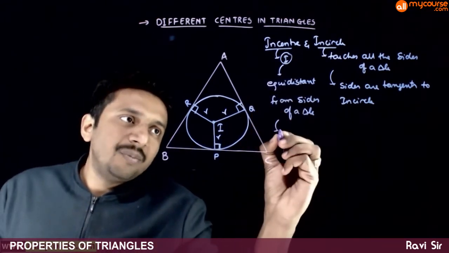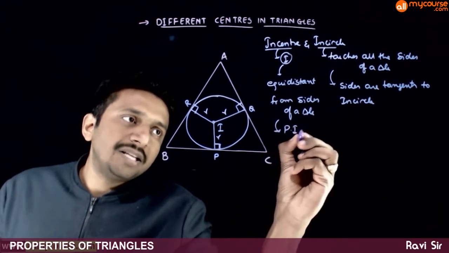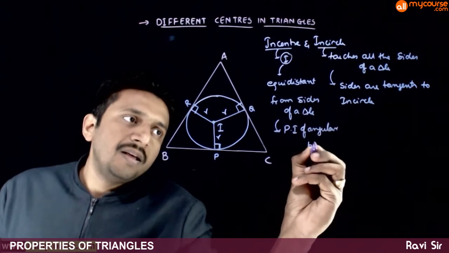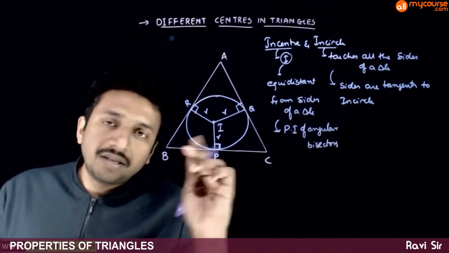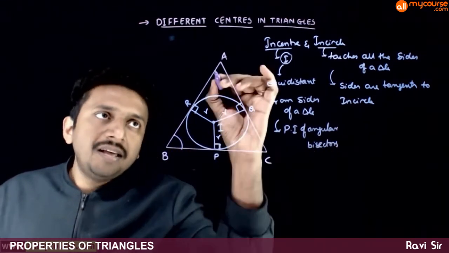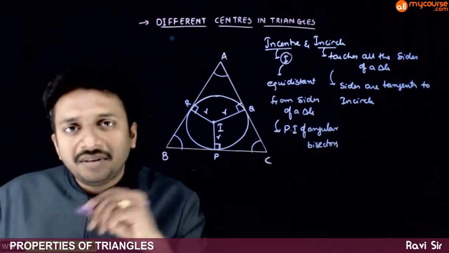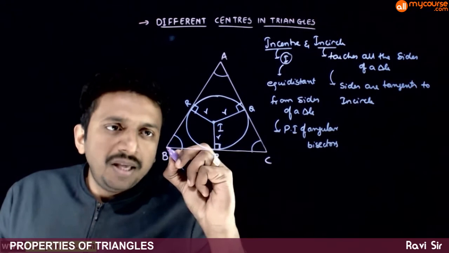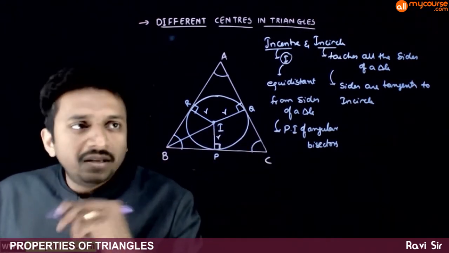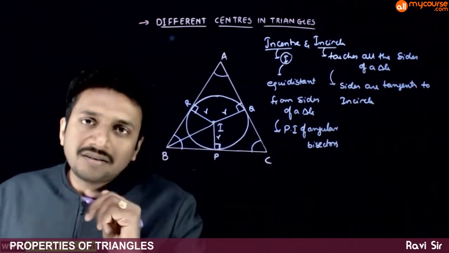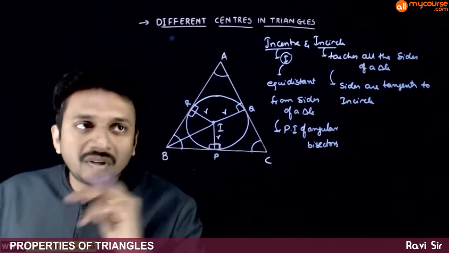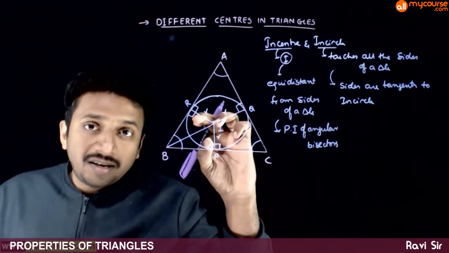The incenter is the point of intersection of angular bisectors of angles A, B and C. This can be very easily proved because if you join BI, and take these two triangles, one angle is 90 degrees, right?